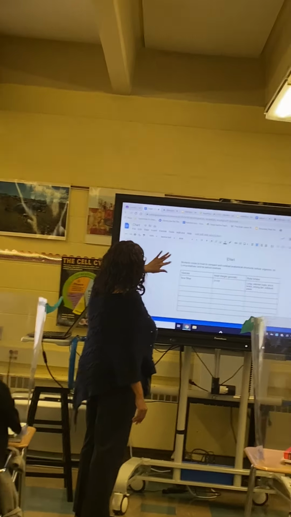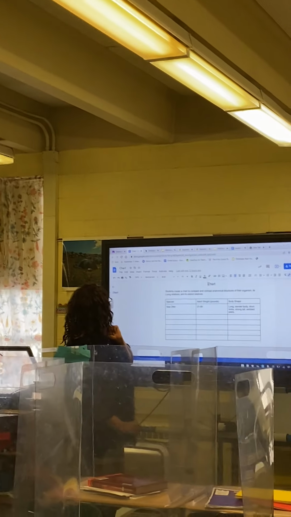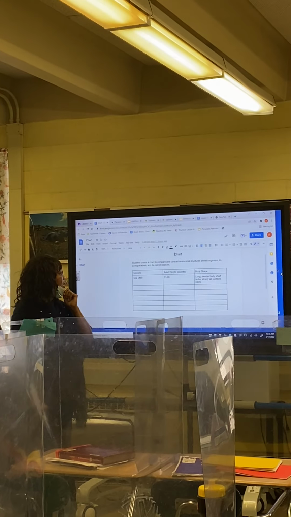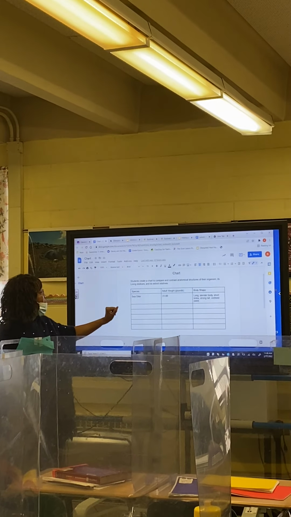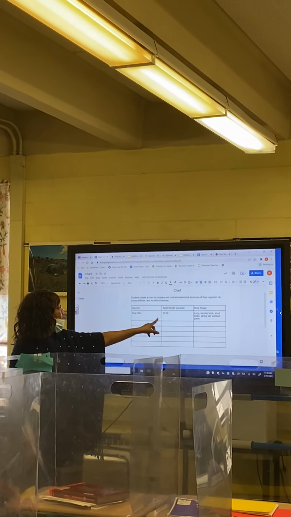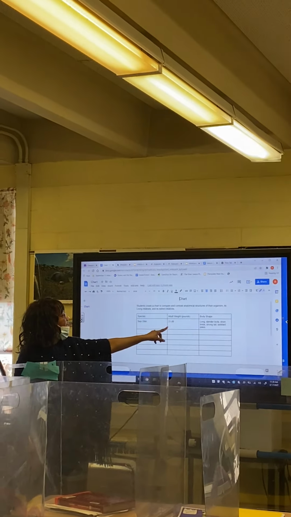So I gave you an example. It says students create a chart to compare and contrast the anatomical structures of their organism, its living relatives, and its distinct relatives. I put the first species, just as an example, sea otter. Adult weight, 31 to 99, body shape, okay? So this is just an example, and it goes with your project.